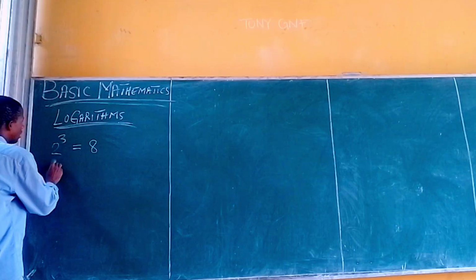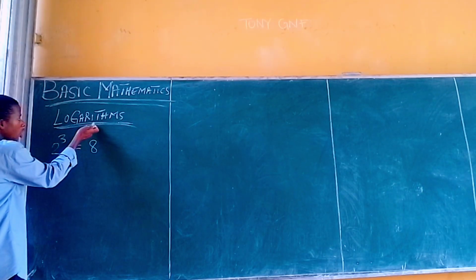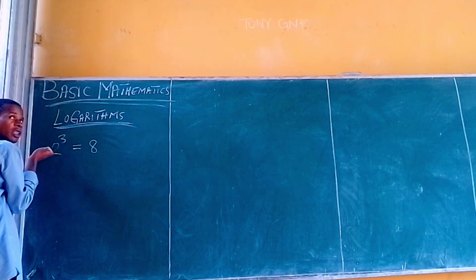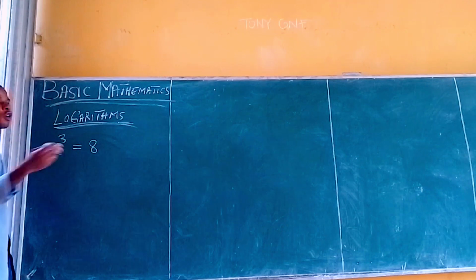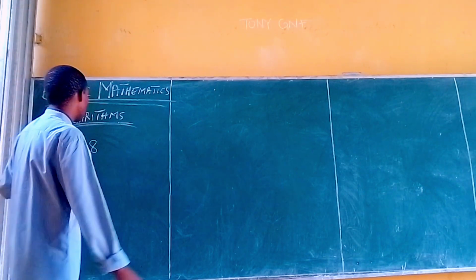Now, from this case, when you look at logarithm, logarithm is the opposite of what? The indices. It's the reverse of indices. That's what logarithm is all about.